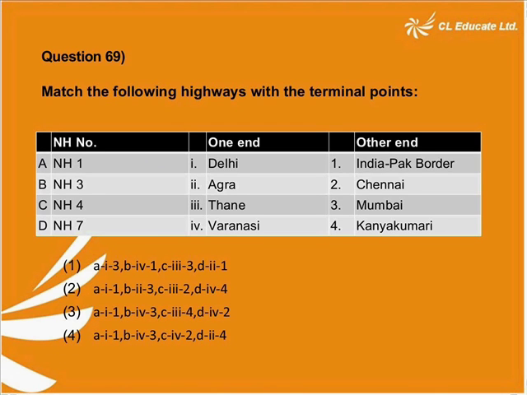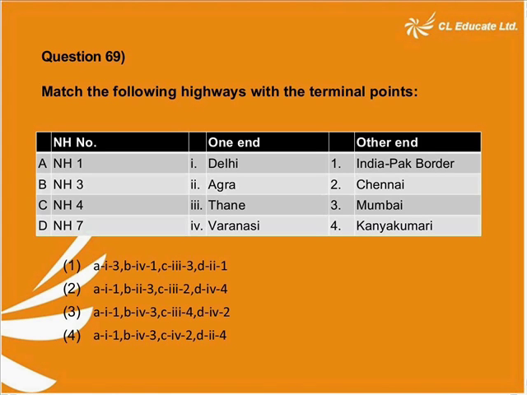So, I changed the color now. This is up to here, this is NH1, NH2, then NH3, NH4, NH5, NH6, and NH7.